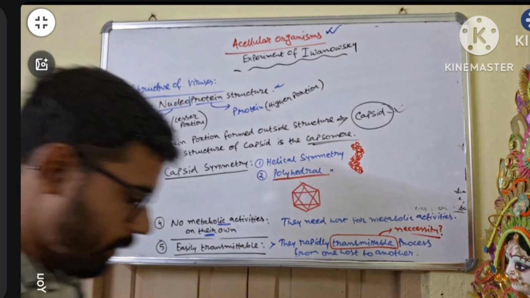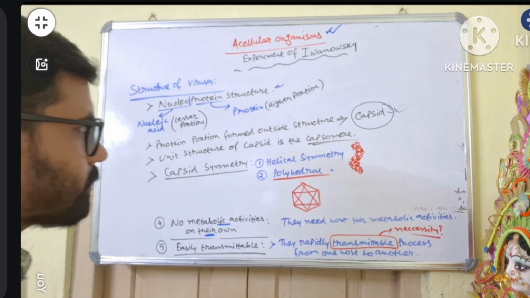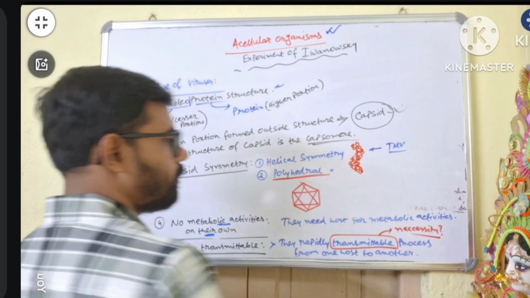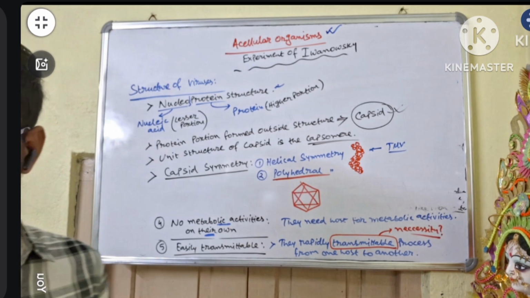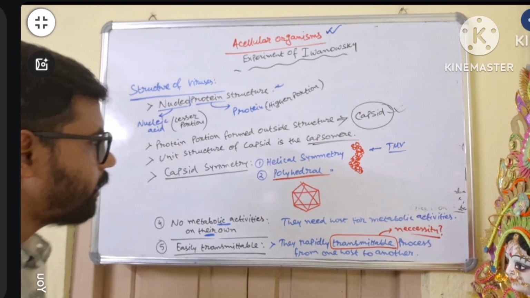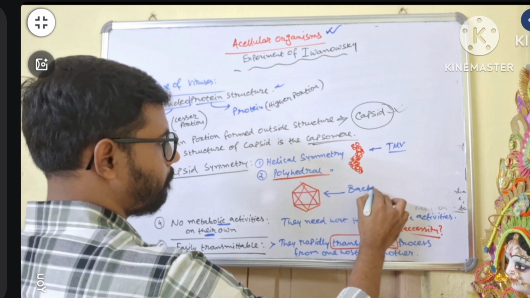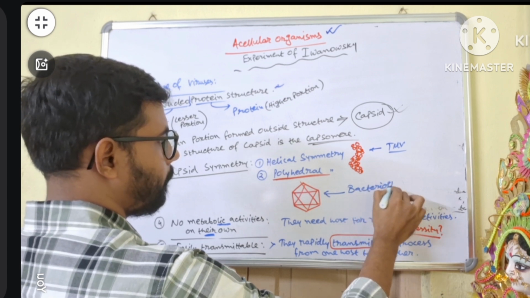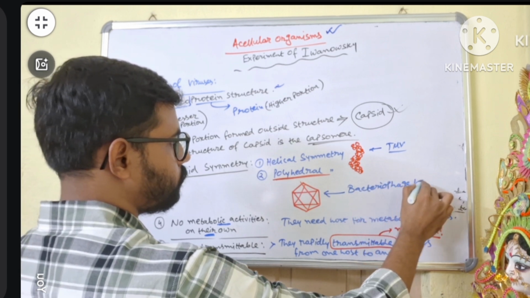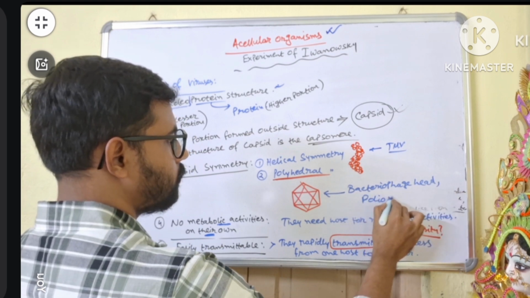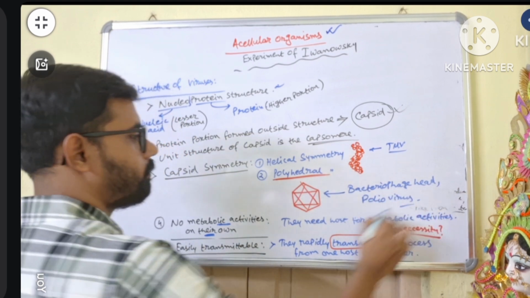Helical symmetry is observed in TMV, a good example is tobacco mosaic virus, which shows helical symmetry. Polyhedral viruses, good examples are the bacteriophage head and poliovirus; all are polyhedral.